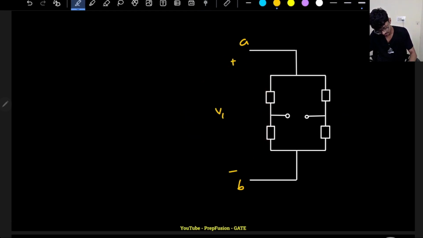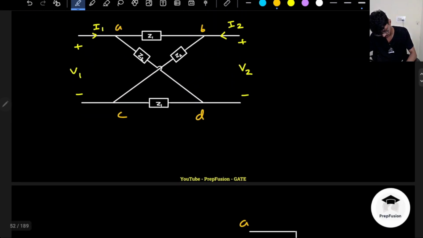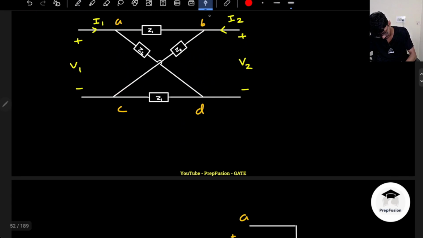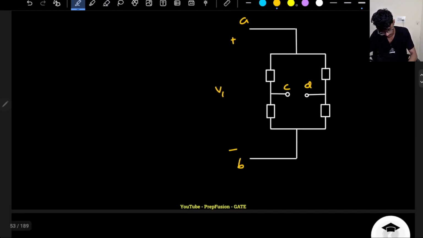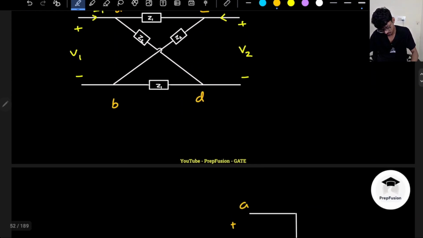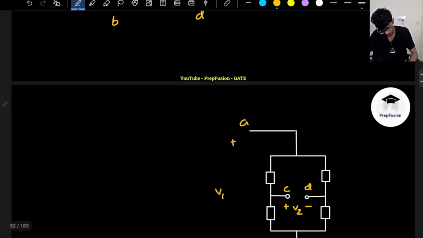V1, and these will be the other points. Sorry, AB is between this, so I should rename the points. Let me name this AB and CD. AB is here and CD is here, and this is the output voltage V2. Now we will write down the impedances.